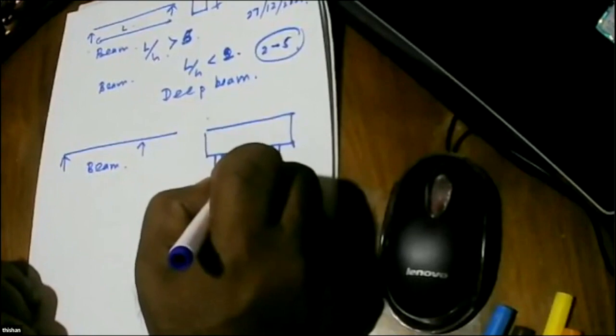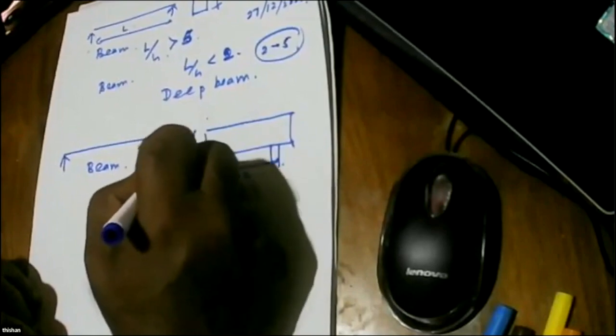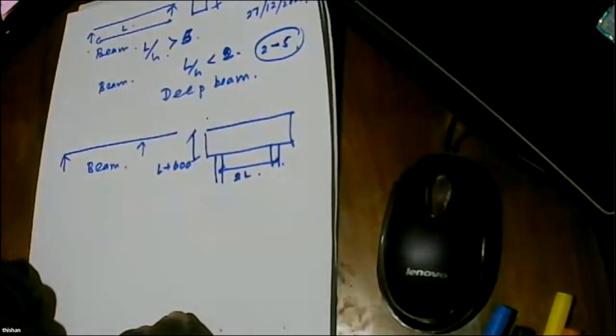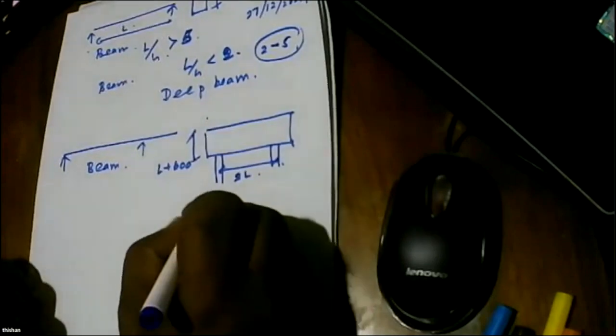So, examples: a beam in a building is a beam. Then we have a pile cap, very deep. So, this distance is 2L. Then you will find this is L plus 600. This is half the depth of the beam, distance between centers plus 600. That will be the depth of the pile cap. So you can see this is a deep beam.